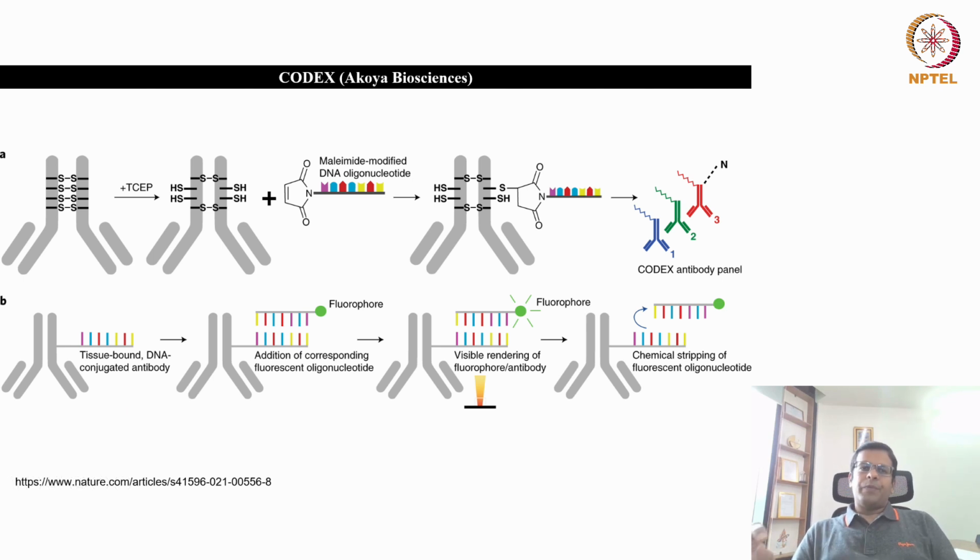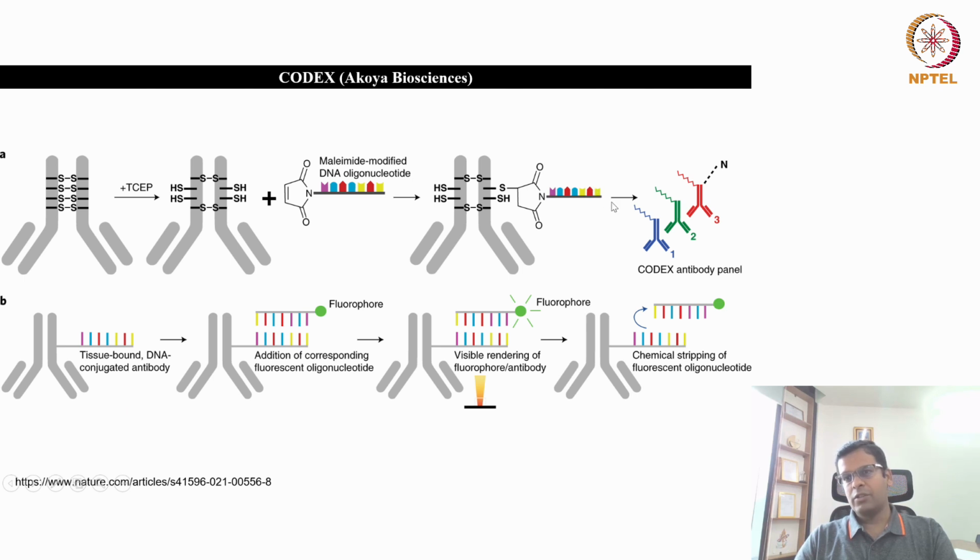So for this technique, a special kind of antibodies are developed. Any antibody can be modified like this. Basically, they want to attach a small oligonucleotide, meaning a small single-stranded DNA sequence, to the antibodies. So they use maleimide-modified DNA oligonucleotides. Using this chemistry, you can conjugate the antibody with a small single-stranded DNA sequence.